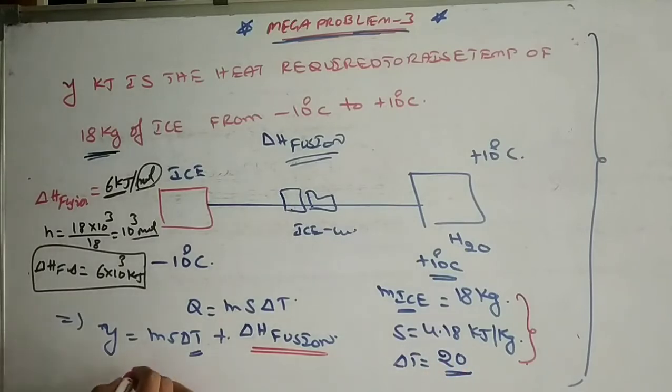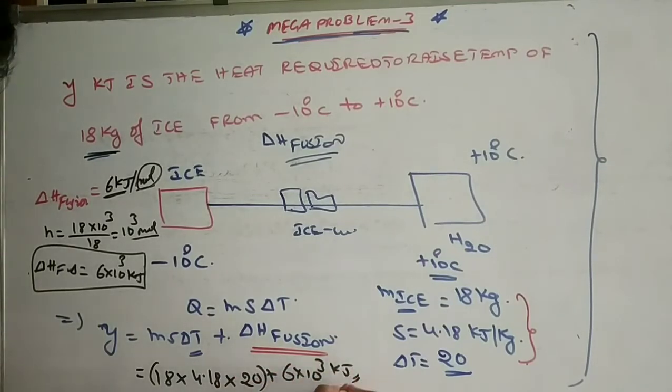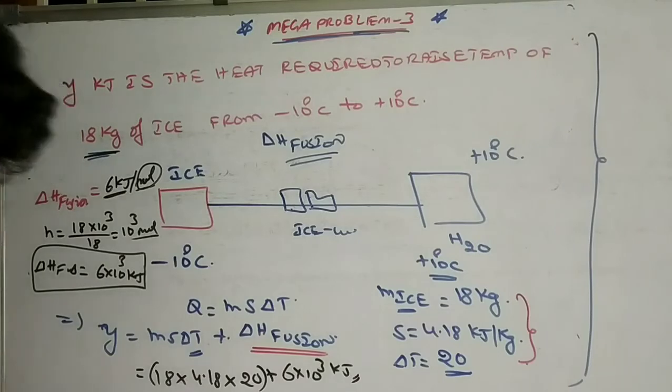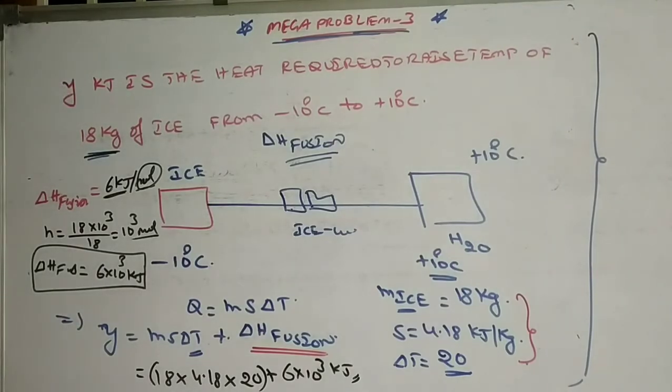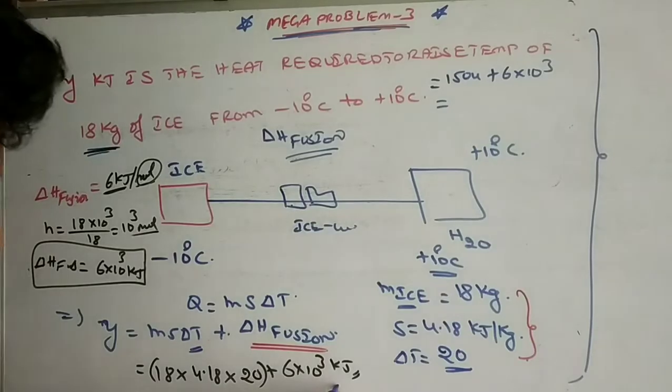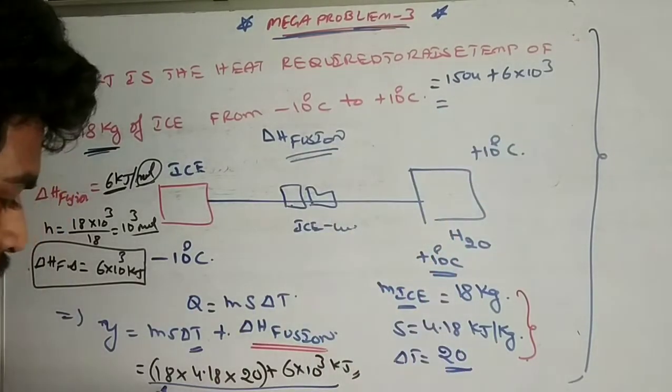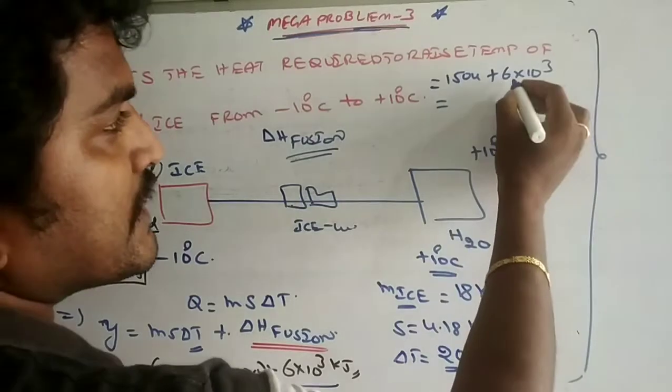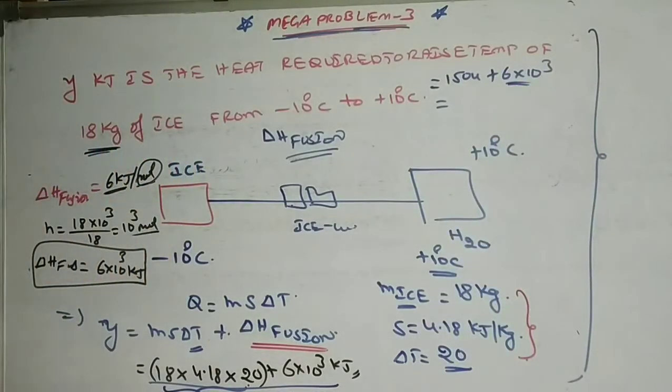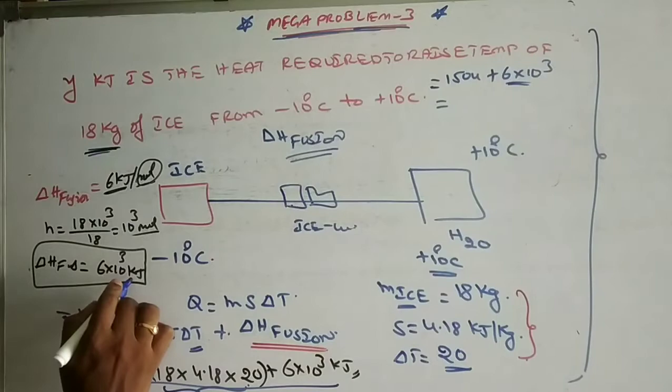So substitute all these values. Y equals 18 into 4.18 into 20 plus the enthalpy of fusion, 6 into 10 power 3 kilojoules. If you sum all those things, this multiplication will give you 1504, and this is 6000 kilojoules, not a normal thing.